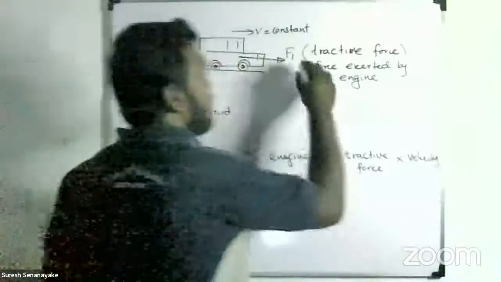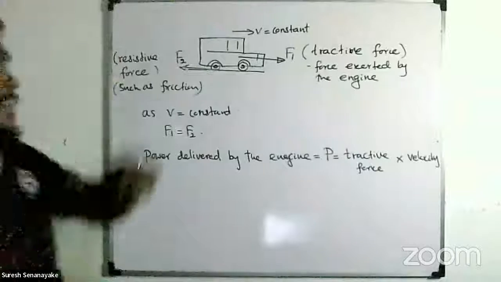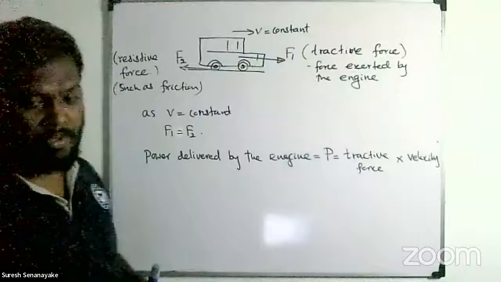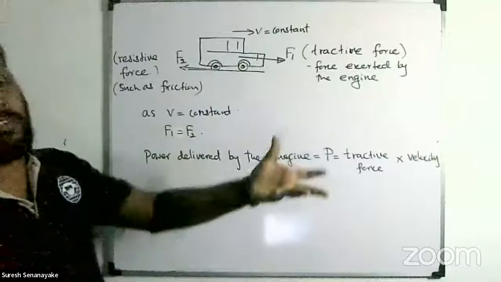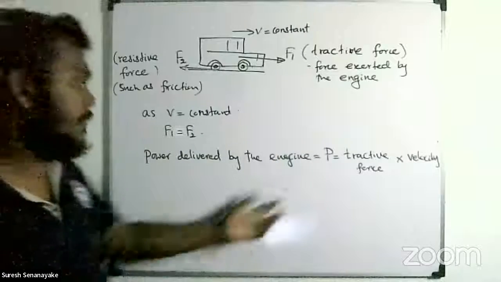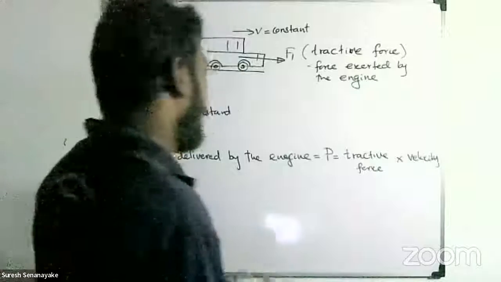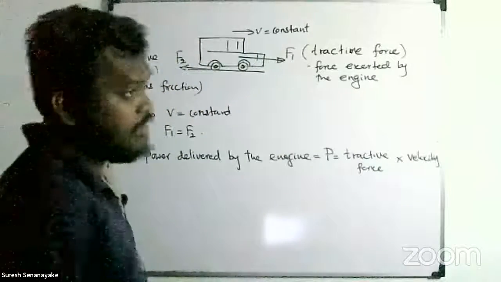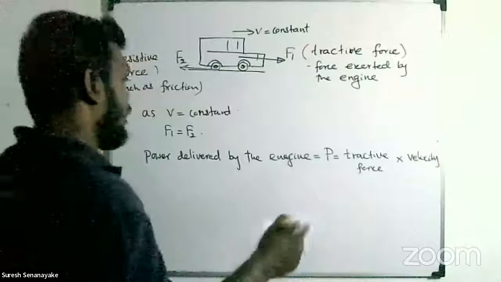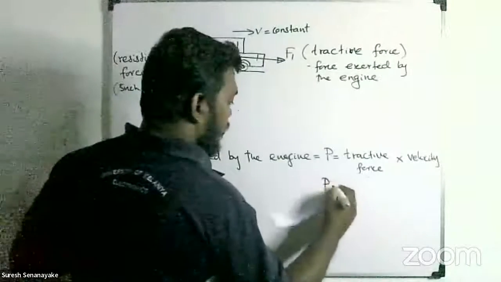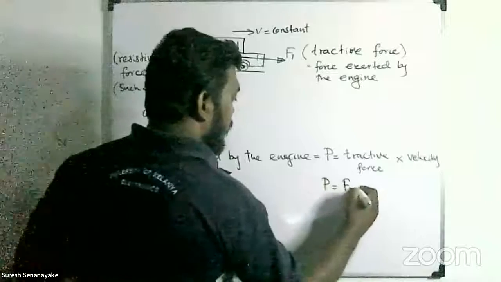While it is accelerating also, if you want to get the power, you need to consider the power at the instant you consider, and substitute that velocity there. If you want to get the average one, then calculate the total work done and divide by the time. So here the power equals the tractive force F1 multiplied by the velocity.